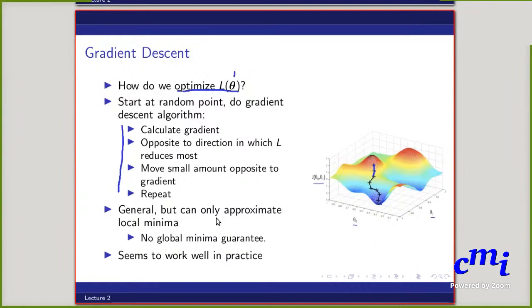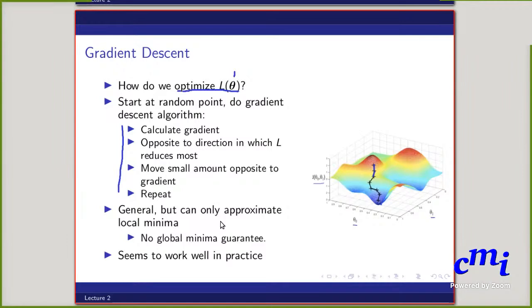I just want to present this algorithm at a very high intuitive level, and make a small point about it. This algorithm will approach the global minimum only in the case where your loss function is convex.